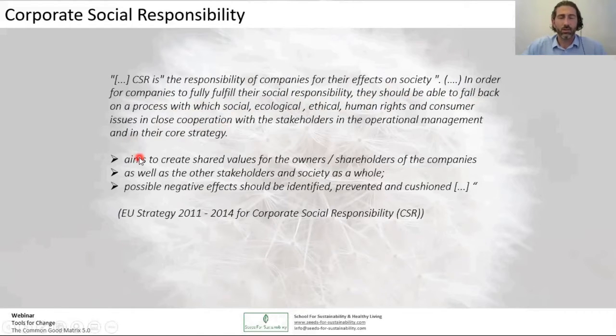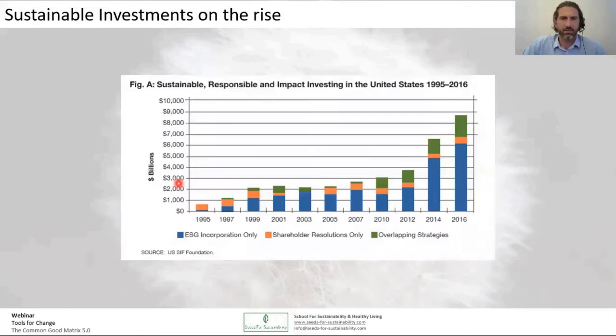And they have to create values for their shareholders, for their owners, for society as a whole, and also, very important, avoid negative effects. So again, we're not talking about cherry picking. We should avoid bad things like bad labor conditions or polluting the environment. And apart from that, contribute to a better society. This is the definition of the European Commission.